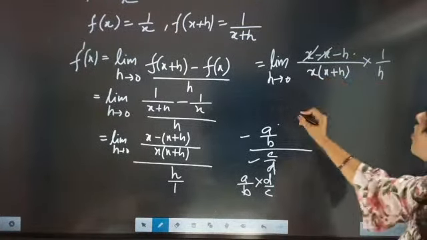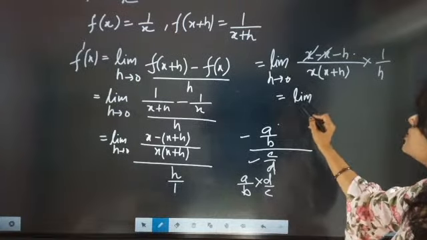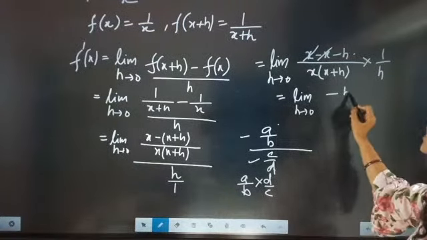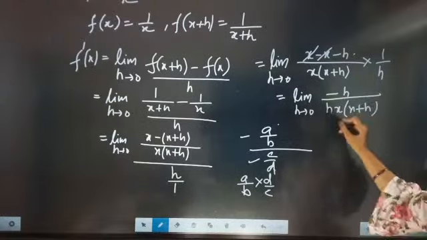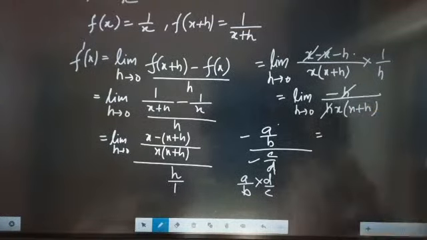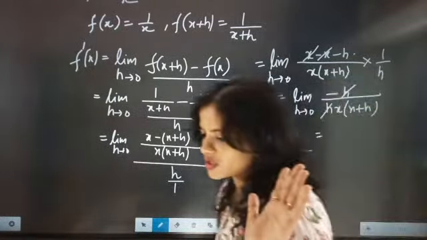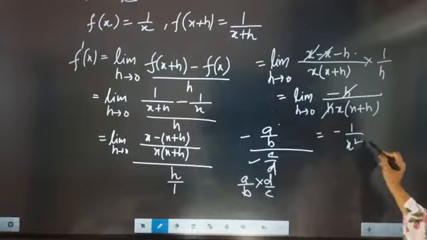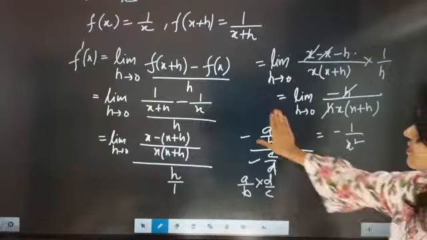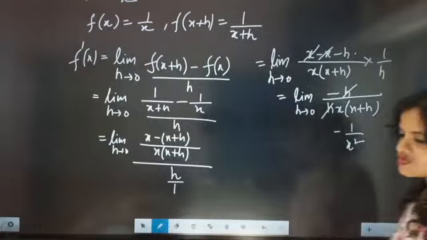So this and this are gone. Now let's see how many more steps we need. So minus h by h, x plus h, this and this killed each other. Now it is safe because the 0 by 0 form is out. Once the 0 by 0 form is out, it will become minus 1 by x square. Story over. Minus 1 by x square.